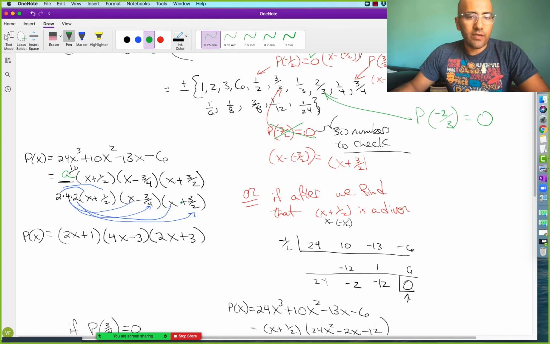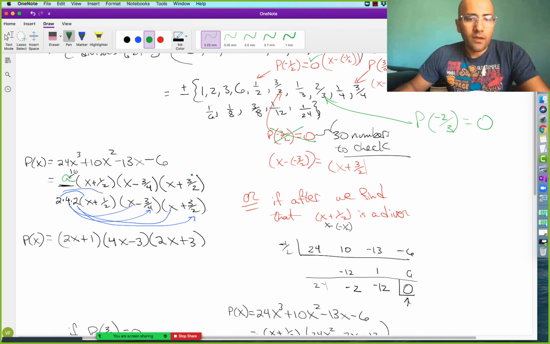So going back over here to expand this out, negative 1/2 was a 0. Positive 3/4 was a 0. So this thing is wrong, which means this whole thing is wrong.